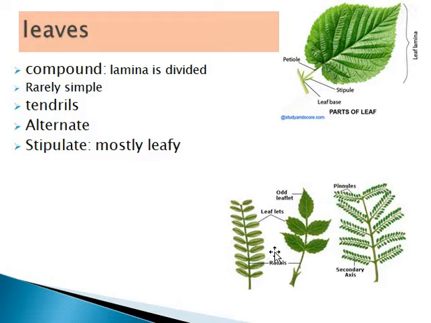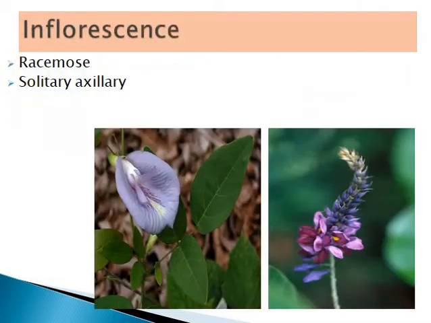The compound leaves are sometimes alternate, but mostly they are opposite. The stipules are mostly leafy. Here these are simple stipules, but in some plants of this family modified leafy stipules are also observed.